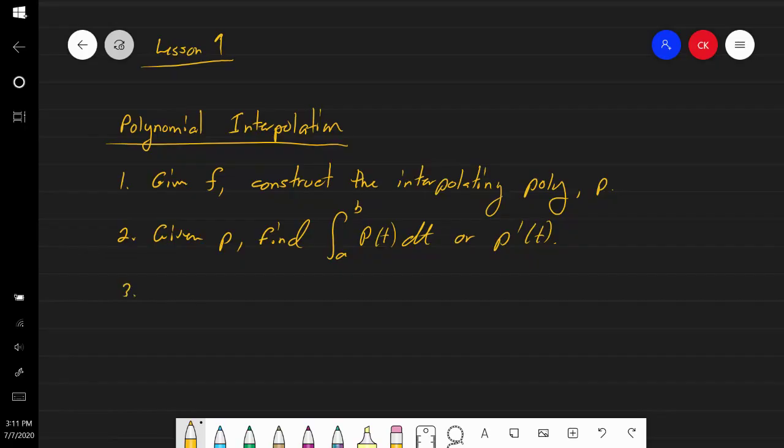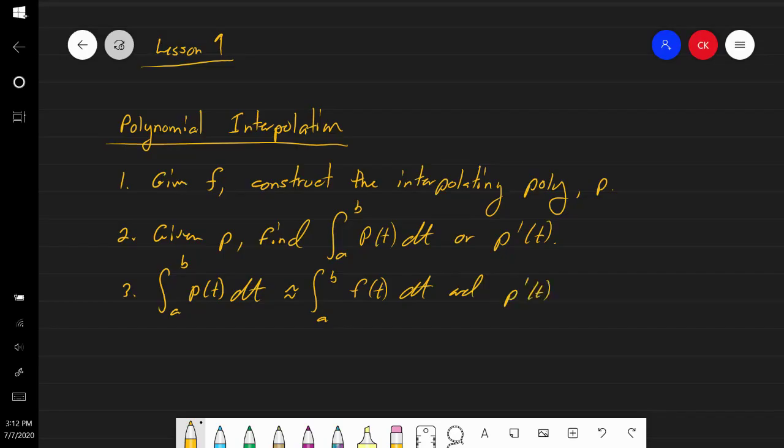And 3, the integral can be used to approximate the original function. So the integral from a to b of p of t dt is approximately the integral of the original function. So this is, in some regards, just another way to approximate a function or its integral or its derivative.